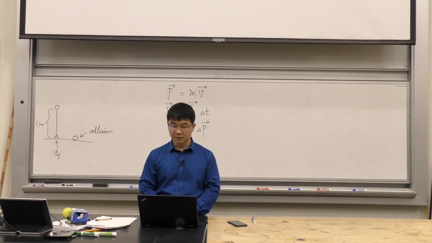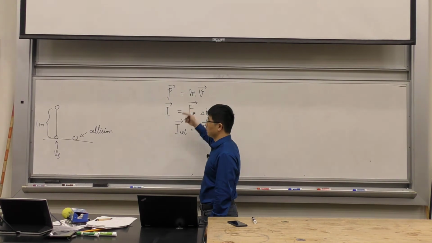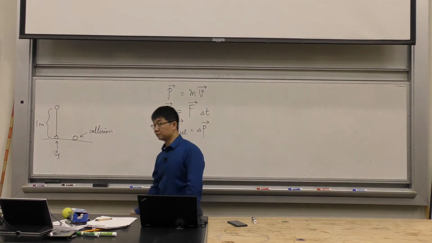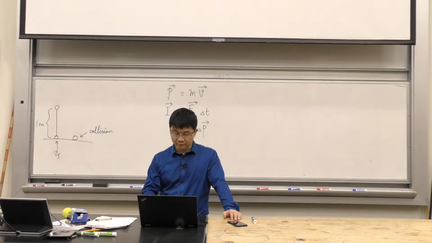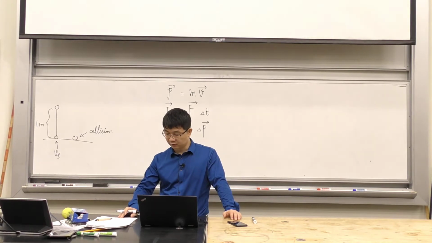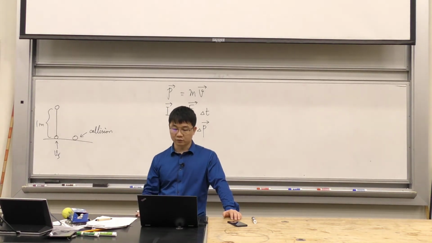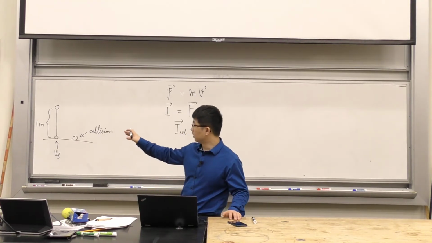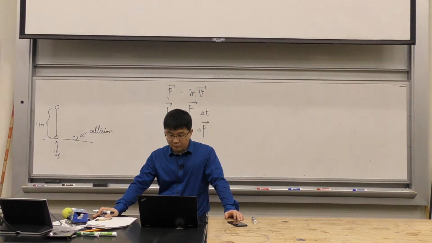And once you find the final speed, I want you to find the person's momentum just before his feet touch the ground. Momentum has a definition. All you need to do is just multiply. Once you have found the velocity, you just multiply that by the mass, because that's the definition of momentum. All right, so that's something I want you to first calculate. Then we're going to use that number in the second part to calculate the force from the ground on the person in this collision. All right, what is the number you got?